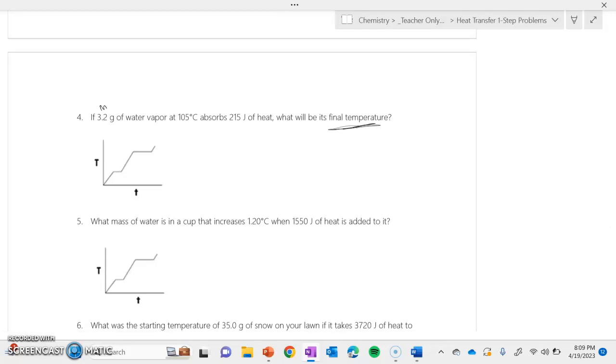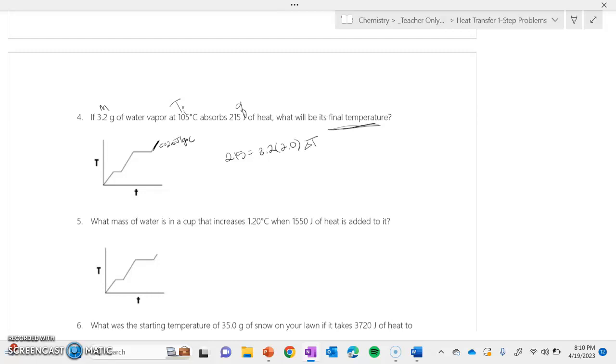So we have mass, we have energy transfer, and we have a temperature that we're starting with, which we'll call Ti, T initial. If we're starting at 105, that means we're going to be in this section. That's our vapor or steam section. And we can plug in here Q equals mcΔT.